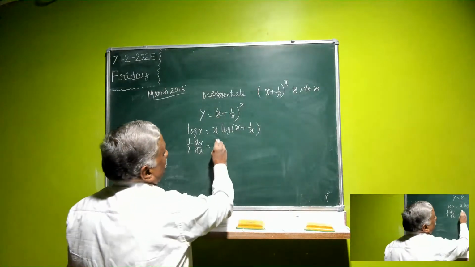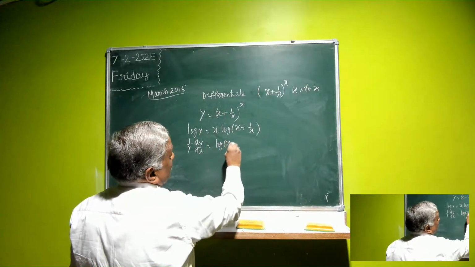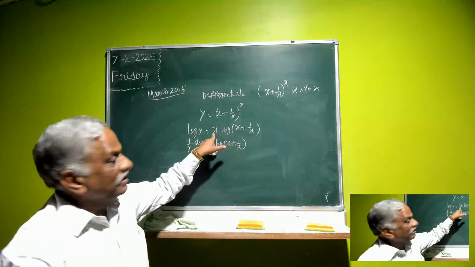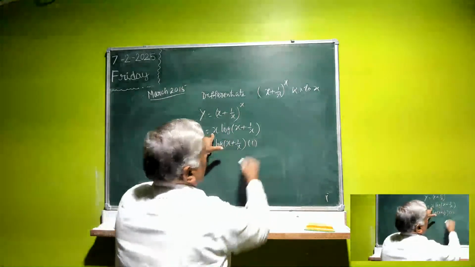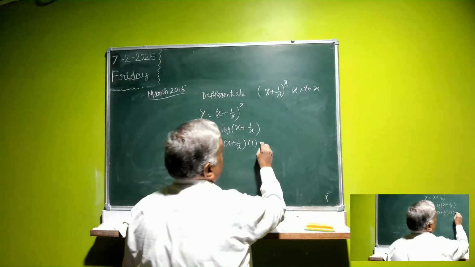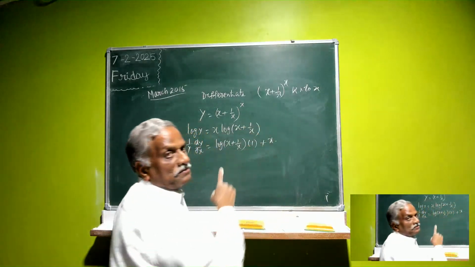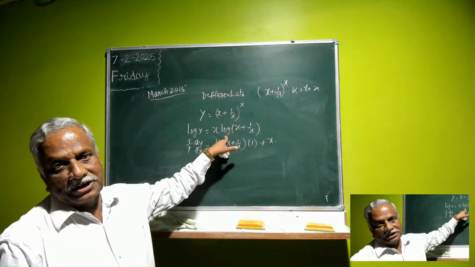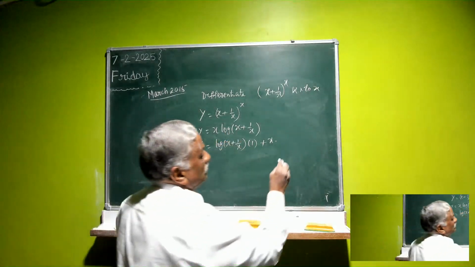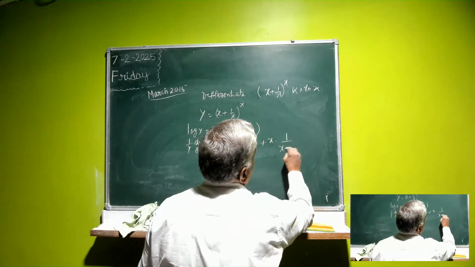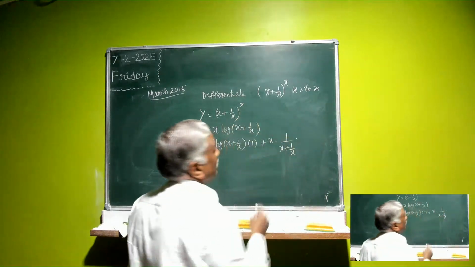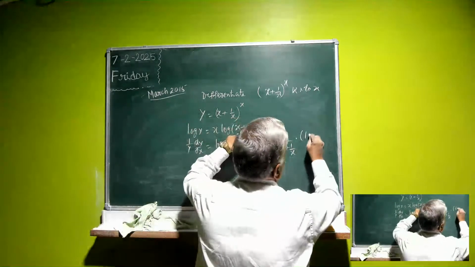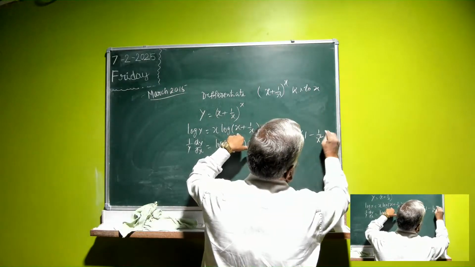So keep log of x plus 1 by x as it is, differentiate x, that is 1. Then keep x as it is. You should differentiate log of x plus 1 by x. Chain rule. Log of anything is 1 over x plus 1 by x, multiplied by differentiation of x is 1, and this is minus 1 by x square.